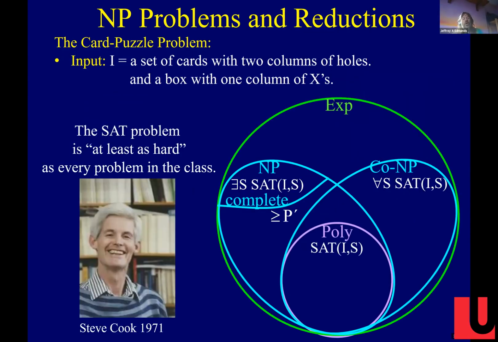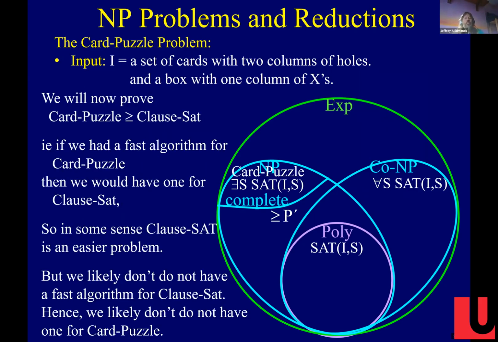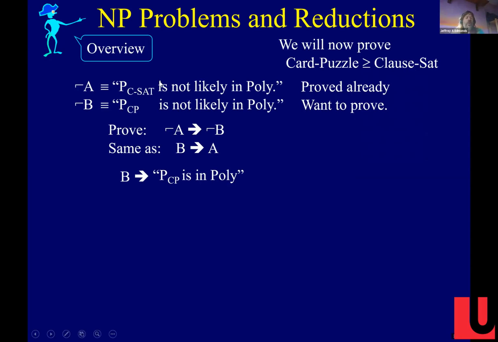So what is our goal? We're going to assume that we already know, Cook already proved that the clause sat problem is likely not in polytime. So we want to prove that the card problem is not likely in polytime. And how do we do it? By sort of proof by contradiction, we assume that the card problem is in polytime.